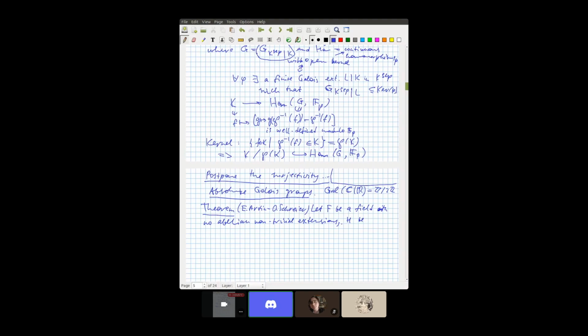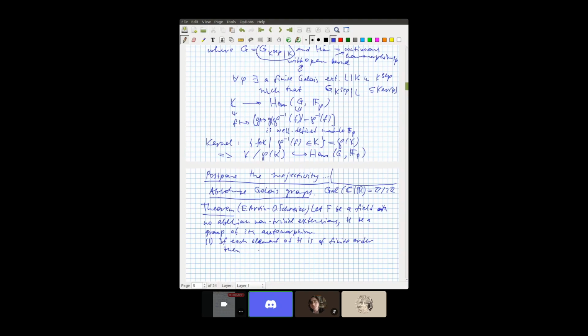Let H be a group of its automorphisms. You see, we do not assume that H is finite, but what we do assume is that each element of H is of finite order.